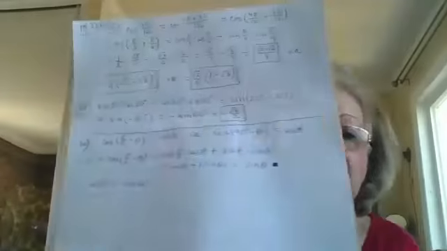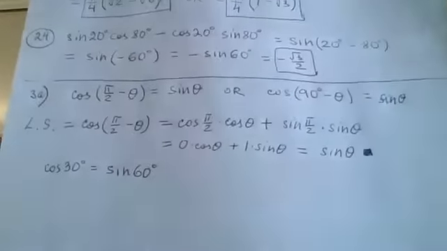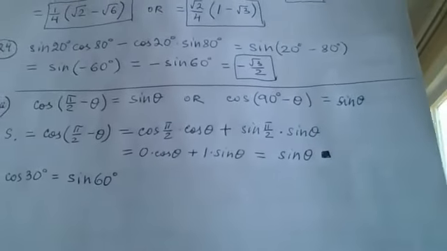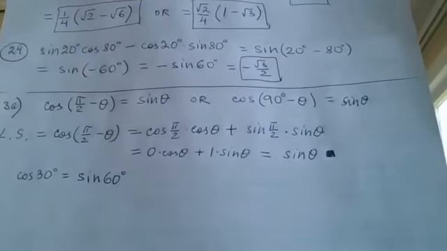Which angle added to 30 degrees will give us in the sum 90 degrees? 60 degrees. Is it 60 degrees? Yes. So can I say that 30 degrees and 60 degrees angles are complementary? Yes. And look what I can write here. Cosine of 30 degrees equals sine of 60 degrees. And I will prove why.